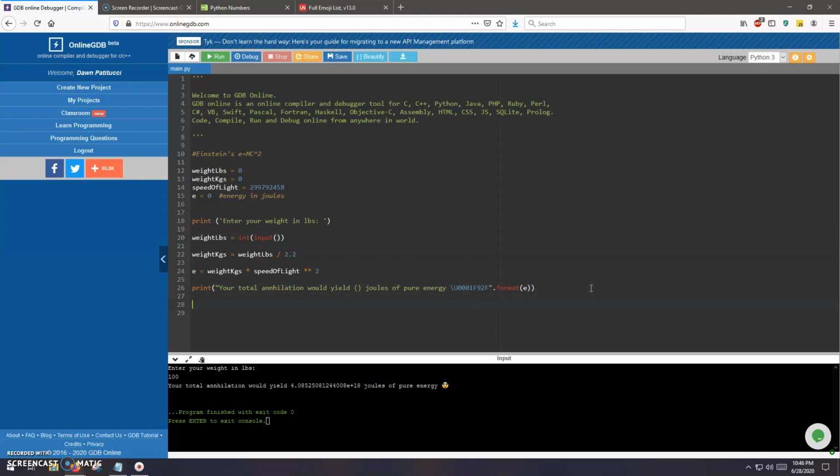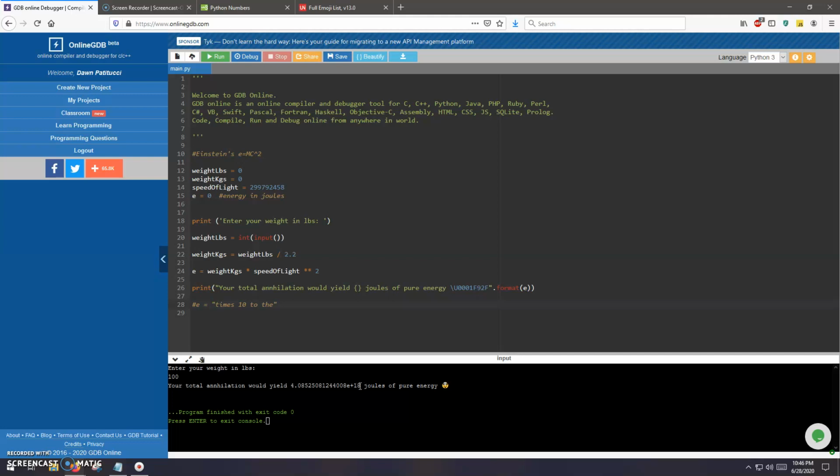When you see E in a number, I want you to immediately translate it in your mind to these words, times 10 to the, okay? So getting back to this number down here, this is 4.08 blah blah blah times 10 to the 18th power.